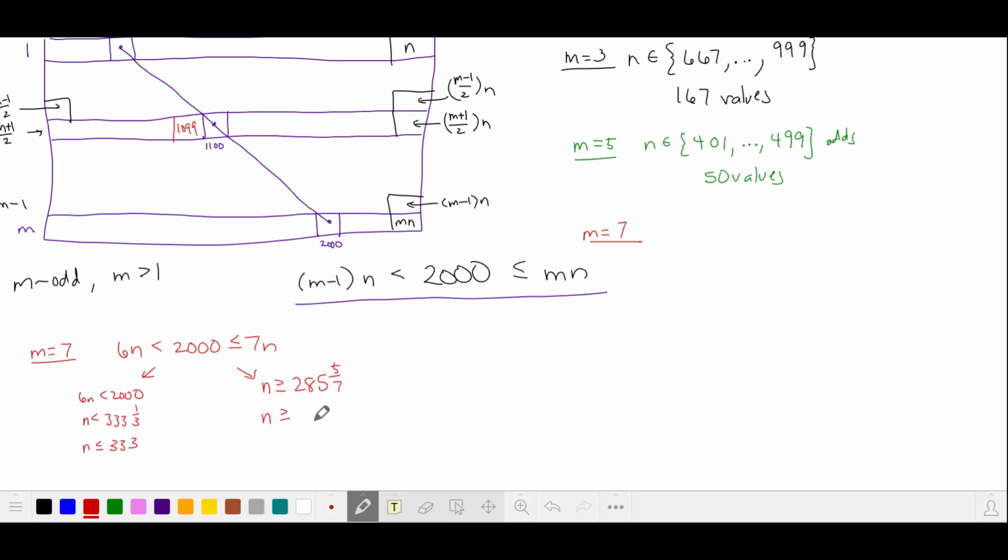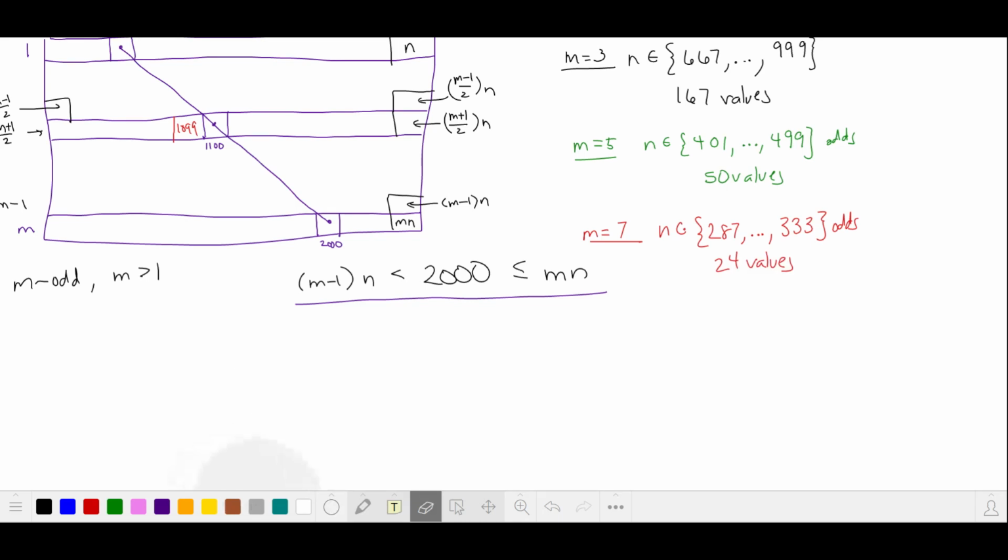The next odd number that's greater than that is 287. Okay, our smallest value, 287, and our largest is 333, odds only, and that is 24 values. This is a little tedious.